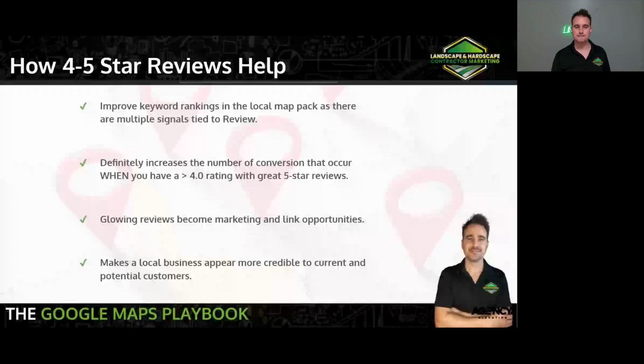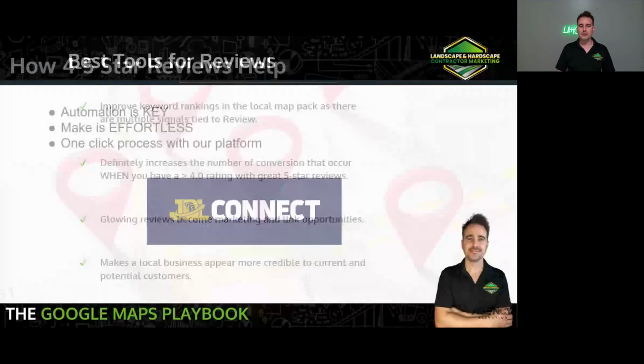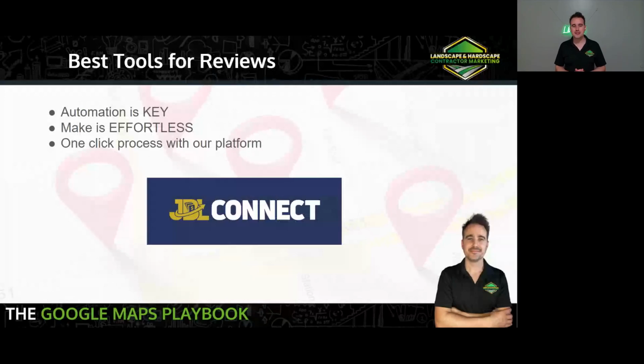Now, we've developed a specific system for this called JBL Connect, and it automates really the bulk of this review process. And it's designed to be effortless because when it's a lot of work for people to do, then it's easy to miss.